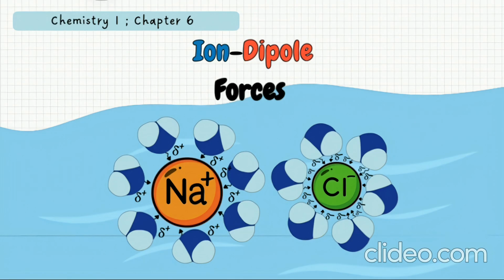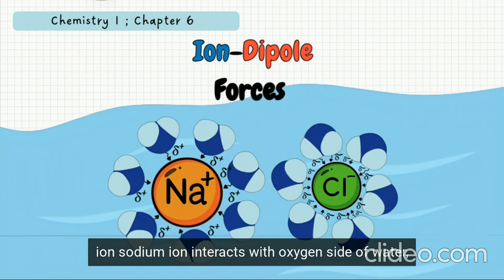Now, let's talk about why ion dipole forces are important. One major reason is dissolving ionic compounds. For example, when sodium chloride, NaCl, dissolves in water, the compound separates into sodium ions and chloride ions. Water molecules then interact with these ions.